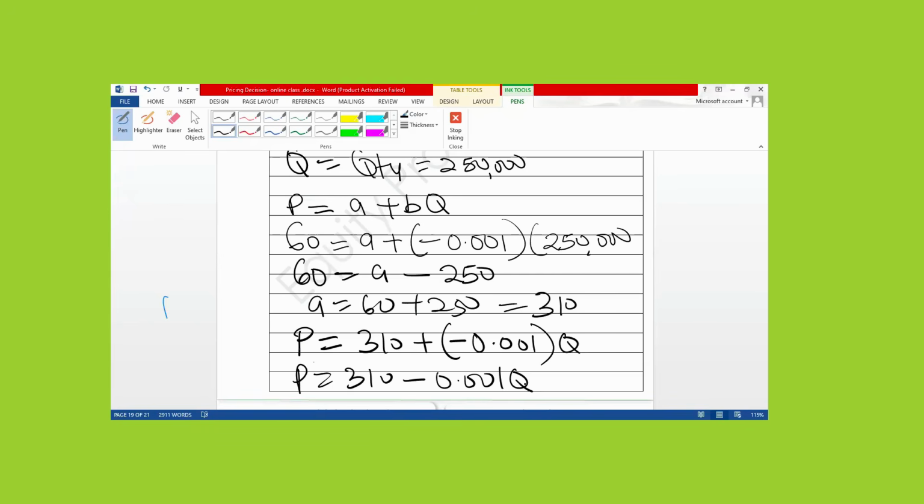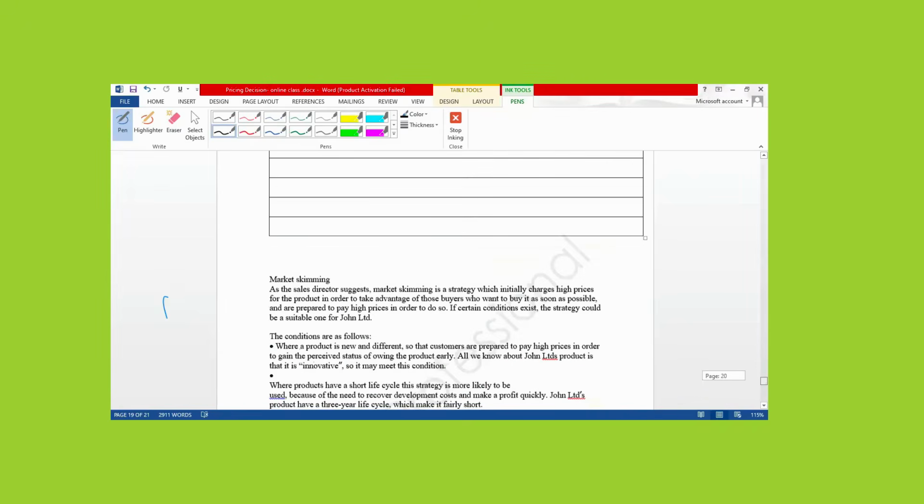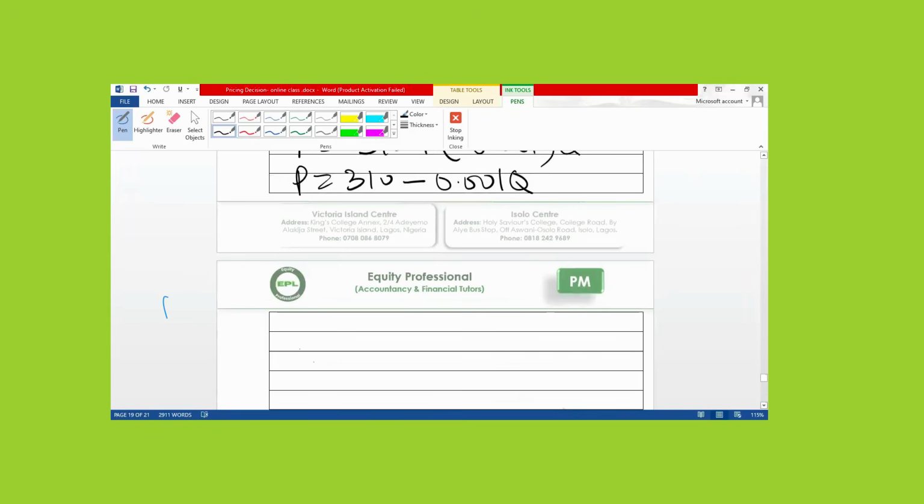Examiner has given you the margin. Examiner says, remember, to maximize profits, let's expand this.